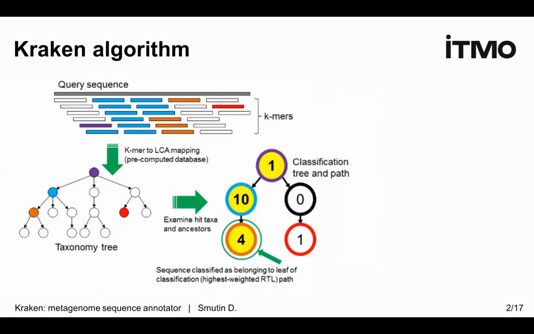So when we have a really big number of k-mers across the whole sequence, we would like to classify it not in an exact way, but in a probability way. It's where the voting starts, and the second version of Kraken really improves this part.